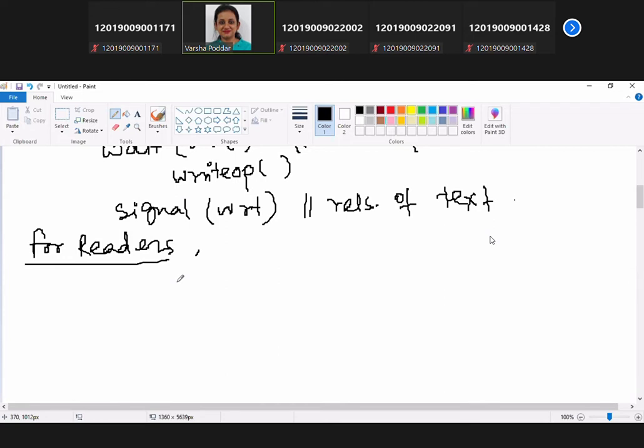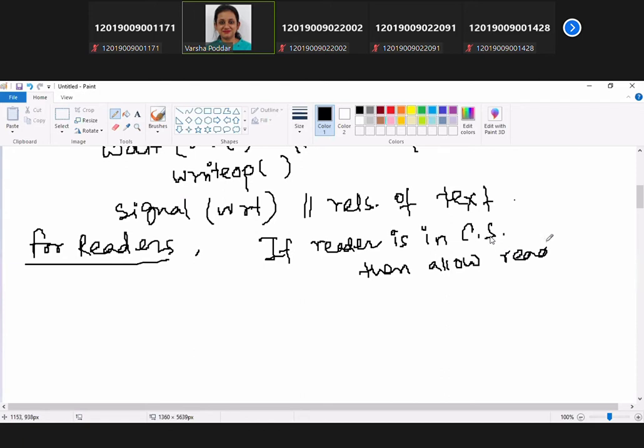If a reader is inside your critical section, then allow other readers, read count plus plus, right?